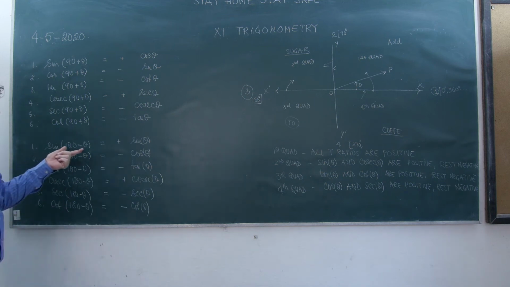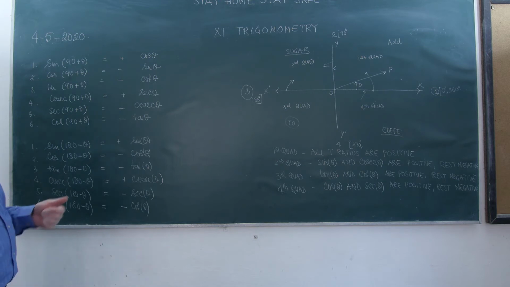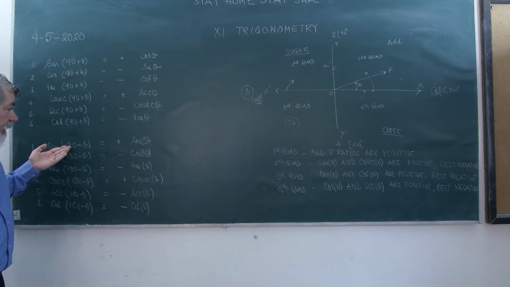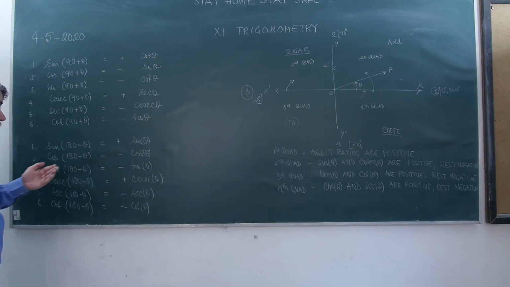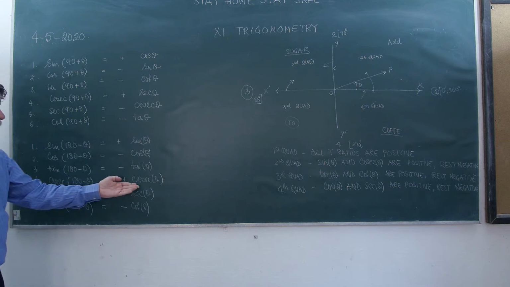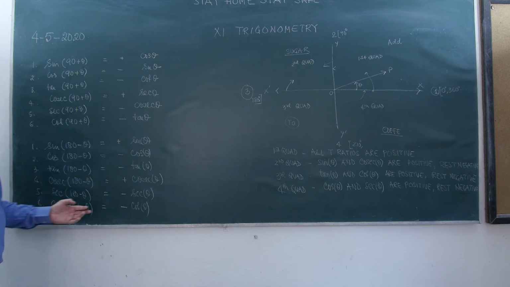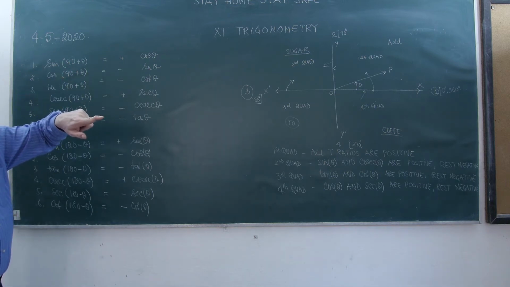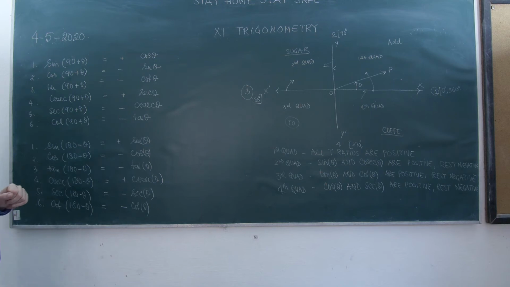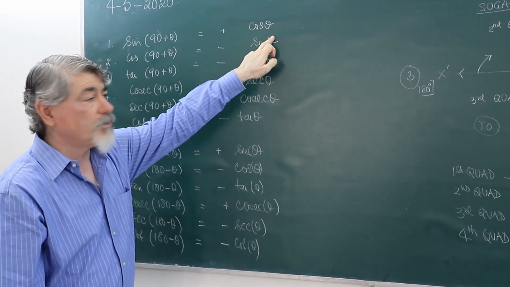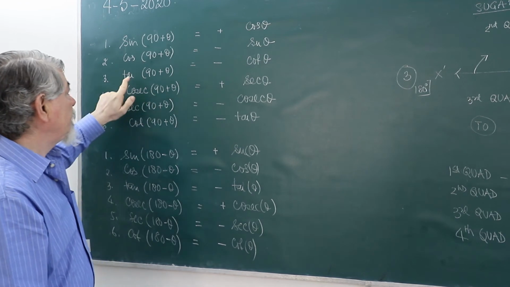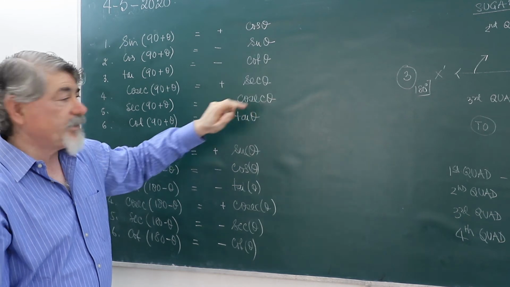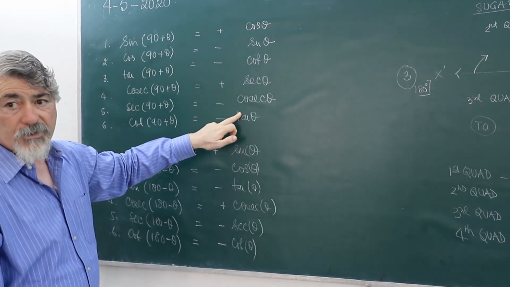But if it is sin(180 minus theta), I'll do 180 plus theta after this, then we get the same: sine remains sine, cos remains cos, tan remains tan, cosec remains cosec, sec remains sec, and cot remains cot. But in 90 plus theta or 90 minus theta, sine is changing to cos, cos is changing to sine, tan is changing to cot, cot is changing to tan, cosec is changing to sec, and sec is changing to cosec.